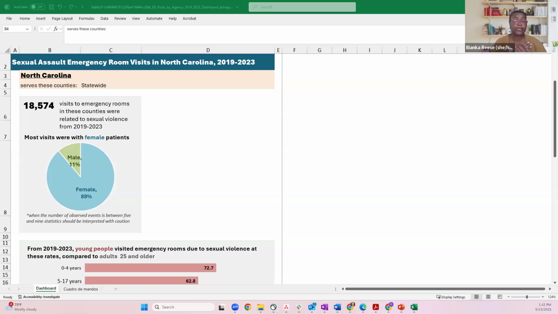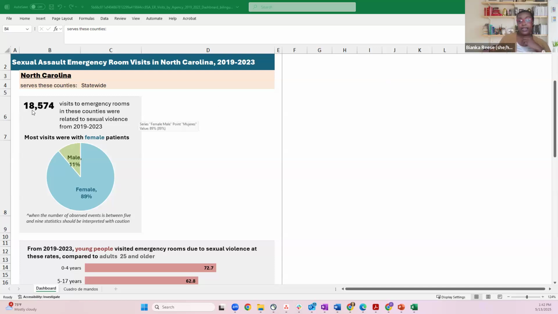Not people, but visits for sexual violence in your service area. It also provides the visits by gender identity, the visits by age group, and lastly, the visits by race and ethnicity group. So again, these are ED visits, not individual patients, but it does tell you about who is seeking care at emergency rooms specifically for sexual violence.